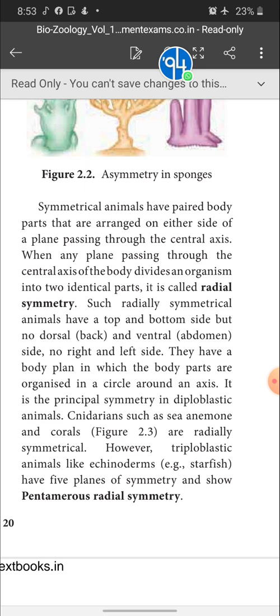So, when we cut the animal through the central axis, opposite to the central axis, the organs are located very similarly.